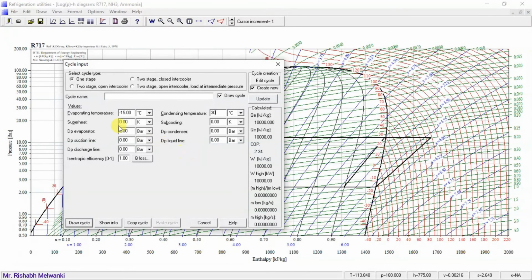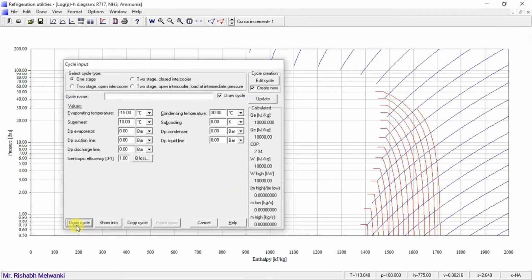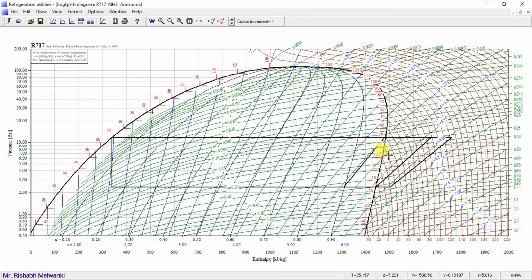I'll keep this as 10 degrees Celsius and draw the cycle. You observe, this is the constant temperature curve. Wherever it cuts the constant pressure horizontal curve, there I am getting point 1. So cycle number 1 is the standard vapor compression cycle, cycle 2 is having wet compression, and cycle 3 is having superheated compression.